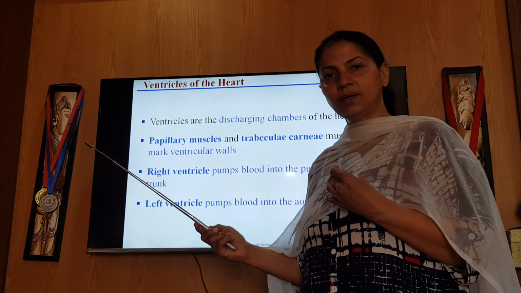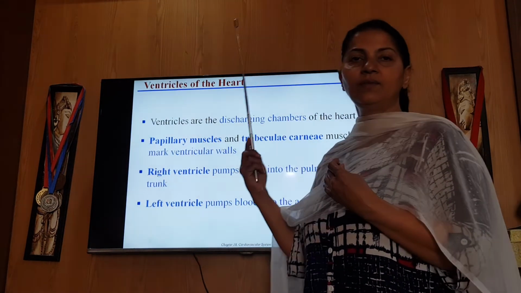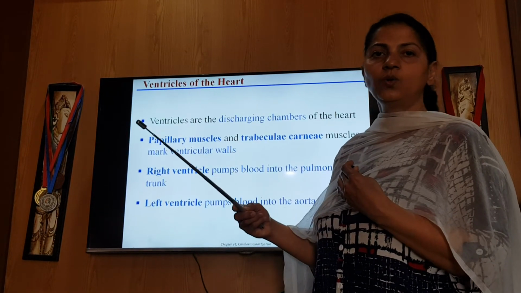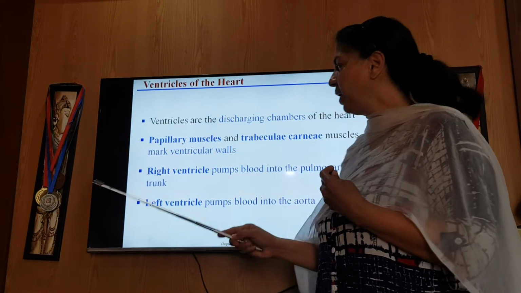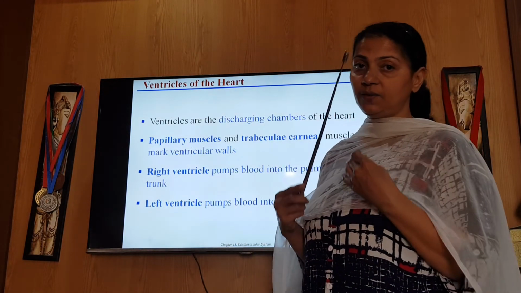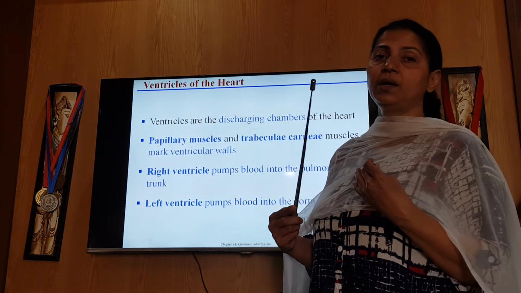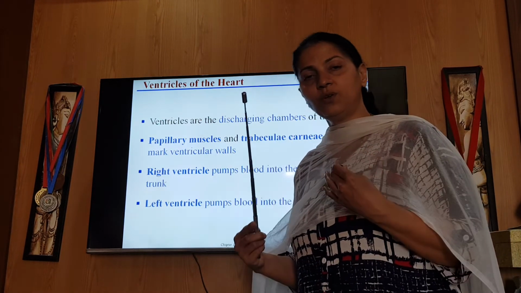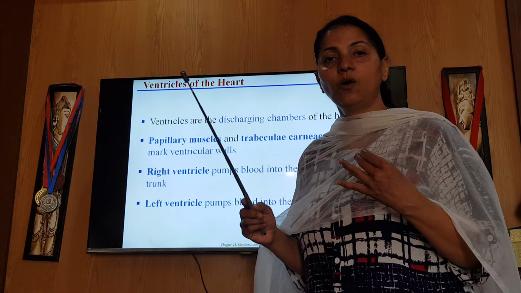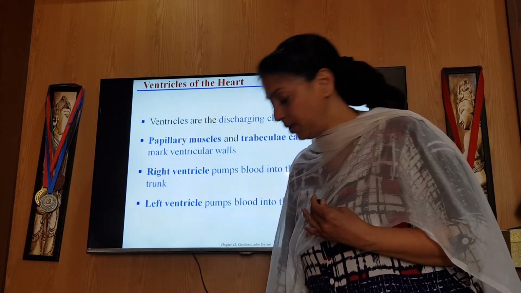So it's clear because the right side is receiving the deoxygenated blood, so the blood from the right side has to go to the lungs for oxygenation. And the left ventricle is pumping to the body because the left side of the heart is receiving the oxygenated blood. And so the function of the left ventricle is to send the oxygenated blood to the whole body.